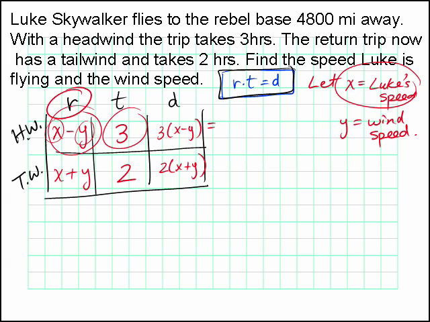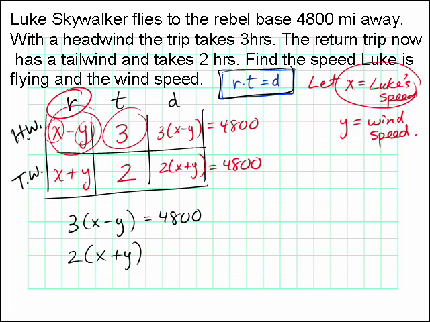So I know this distance must add up to 4,800, and this distance is also 4,800. And those give me the two equations which I need to solve. Let's write them down here. 3 times X minus Y equals 4,800. 2 times X plus Y equals 4,800. That's the system I need to solve.